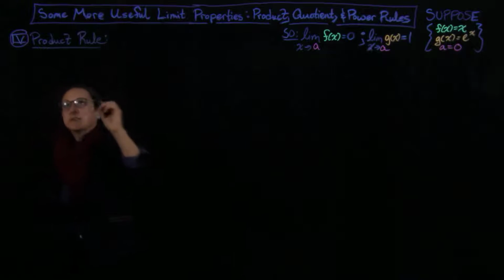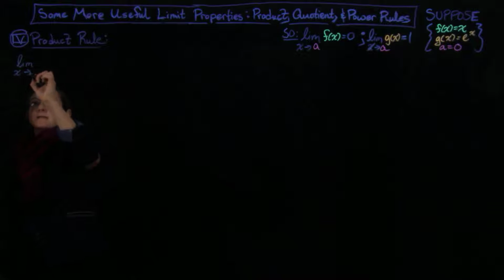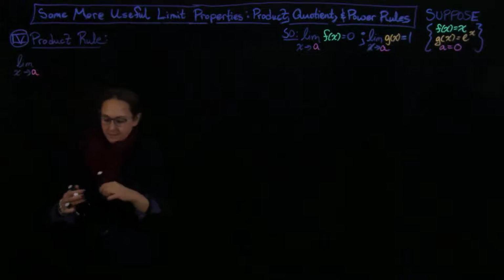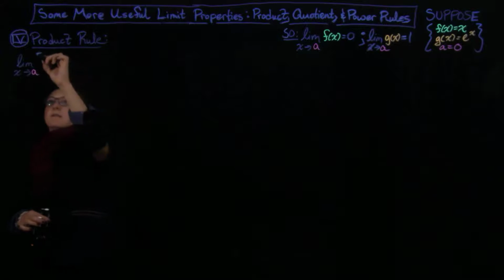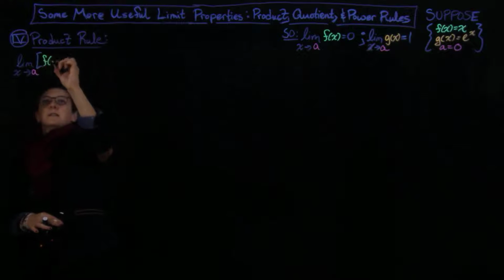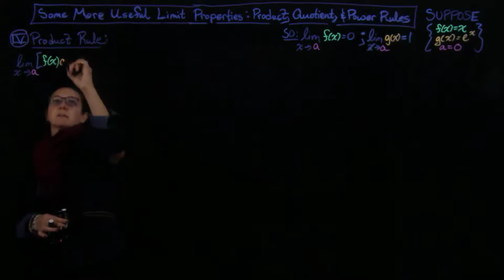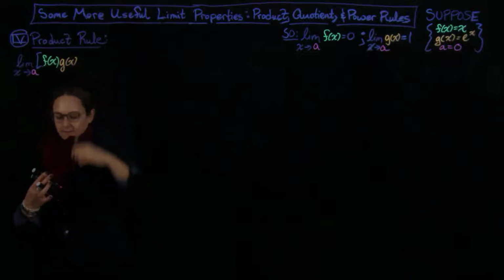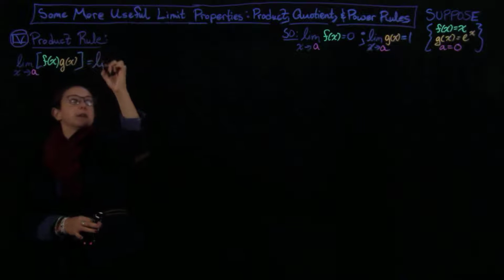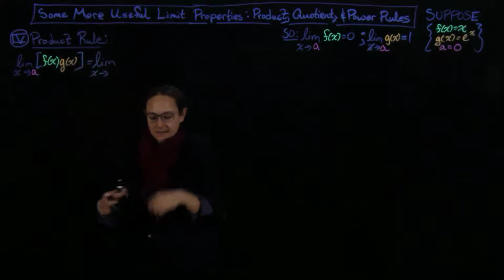The product rule says that if I take the limit as x approaches a of the function that's a product of f of x and g of x, so we're just multiplying the outputs, when I input x, I multiply the outputs of f and g, that's actually going to equal the limit as x approaches a of f of x times the limit as x approaches a of g of x.